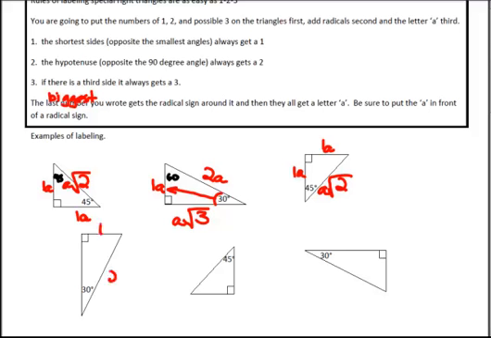This is 1, 2, 3, square root, A, A square roots of 3. 1, 1, 2, square root, A, A square roots of 2. 1, 2, 3, square root, A, A square roots of 3. All right, any problems labeling? Because now we're going to do it for real and use our labels to help us find answers to triangles. So we're going to do these labels and how to simplify with square roots to find answers of sides in radical form.